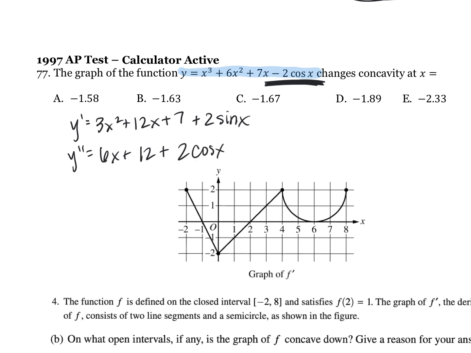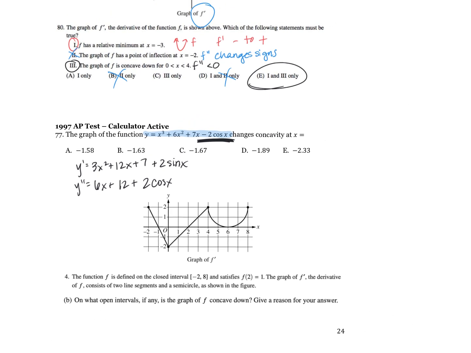Now, let's go graph that second derivative in my calc. I'm going to go to my y equals and graph that as 6x plus 12 plus 2 cosine. I think that it did work, actually. I would sketch this, and I'd say my second derivative is this.